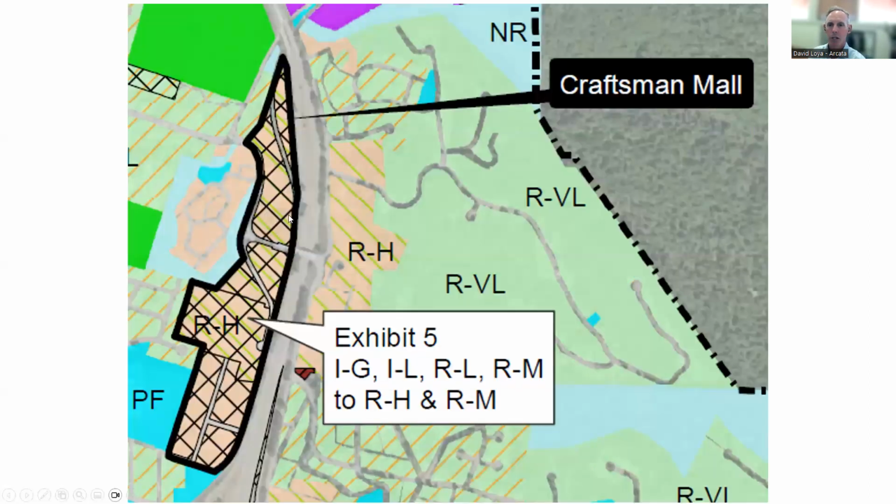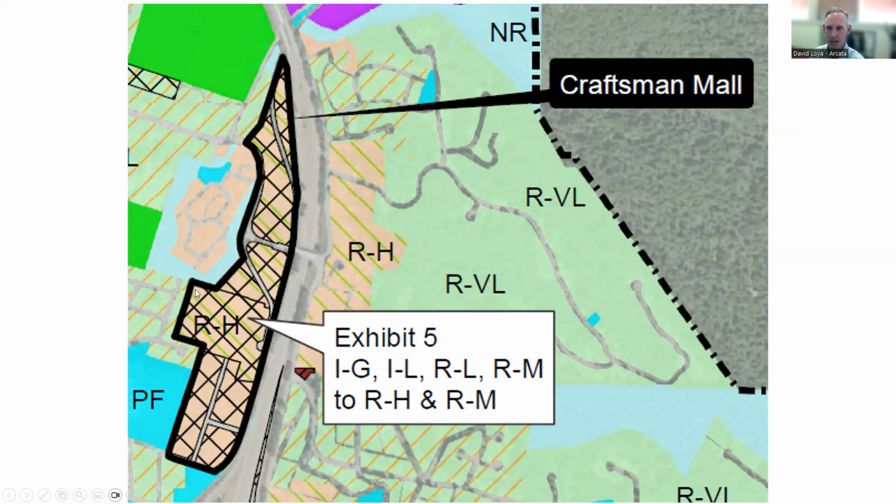Moving over to the St. Louis overcrossing here, you see, here's West End Road and the Craftsman's Mall right in the center here. This is an area that's been proposed to go from a variety of different industrial and residential low and residential medium zoning types to residential high north of the Craftsman's Mall.